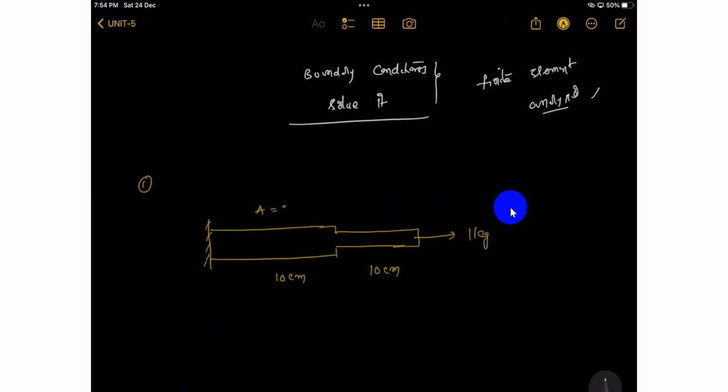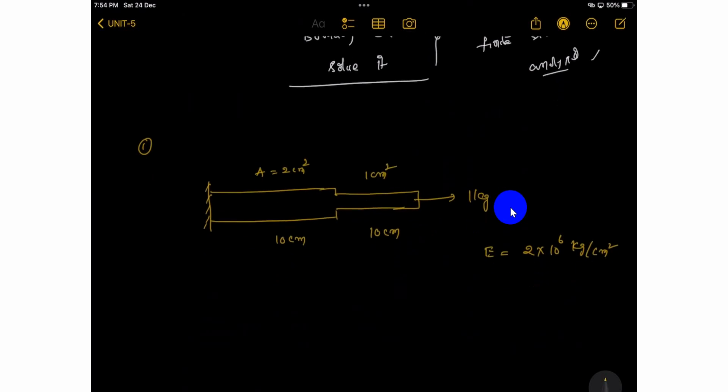Area is 2 centimeter square, and this is 1 centimeter square. Young's modulus is 2 into 10 power 6 kg per centimeter square. Analyze the axial element. Analyze means you have to find the displacements at the locations, and the reaction at this location.